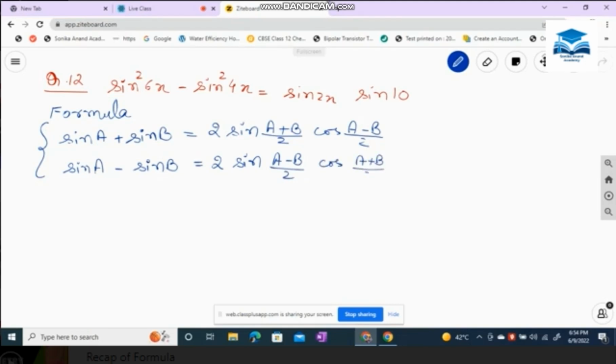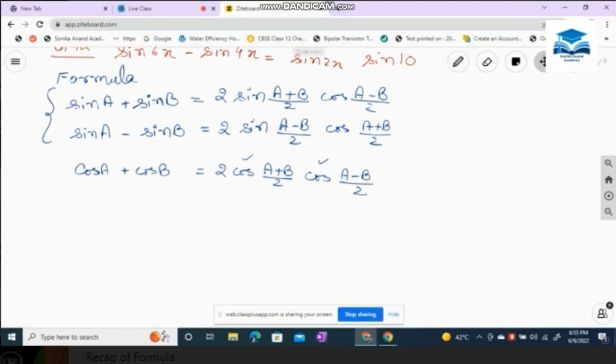Understand? Now if we compare some more formulas, if you are getting confused, we have the formula cos A plus cos B, for example. Then we have 2 cos A plus B by 2 and again cos A minus B by 2. Here you can see both are cos. Understand?